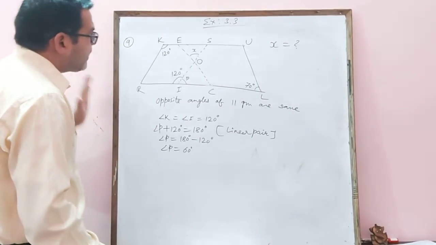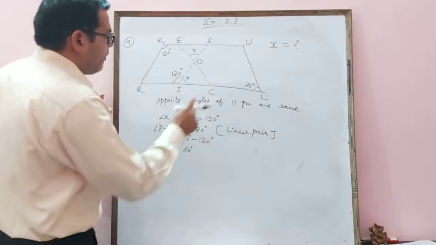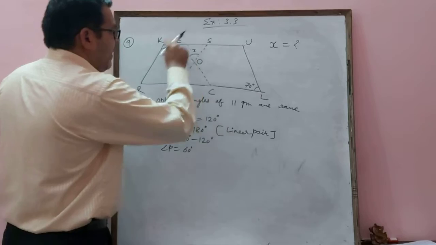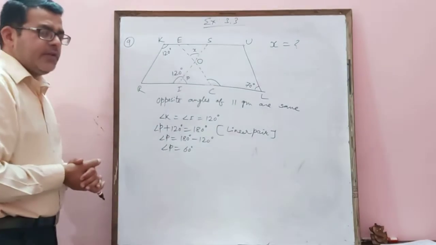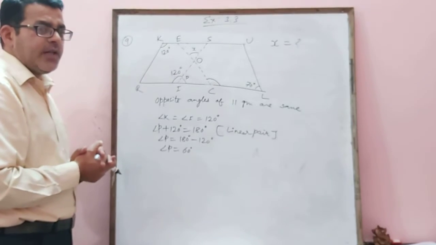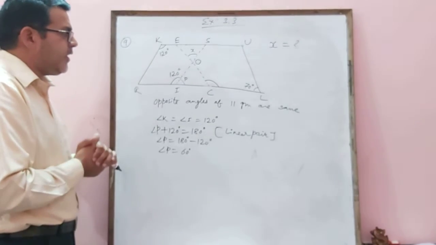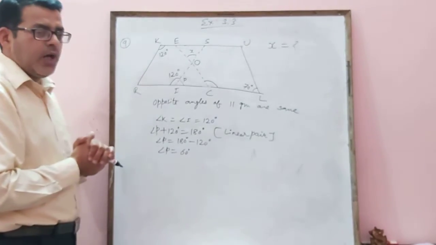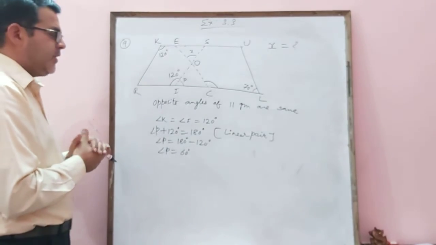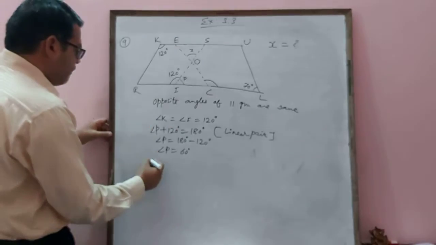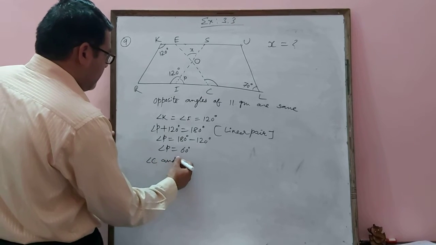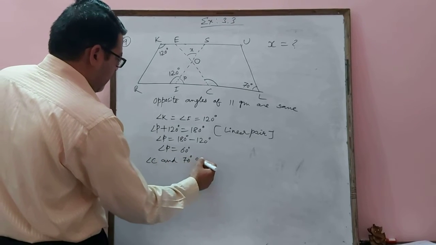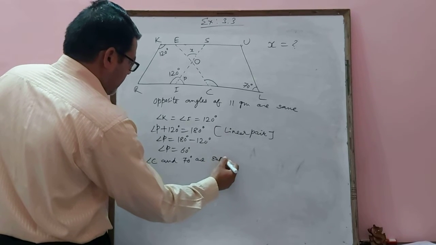Now, concentrate on the second parallelogram, that is CLUE. This angle and this angle, these two are adjacent interior angles, and adjacent interior angles of parallelogram are supplementary. Right? So we can say angle C and 70 are supplementary.